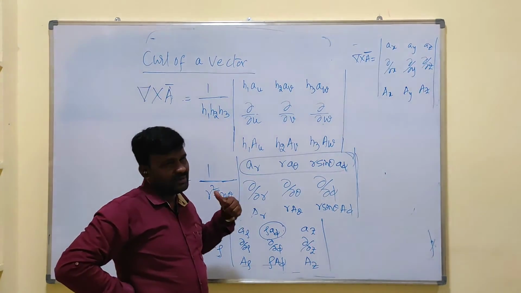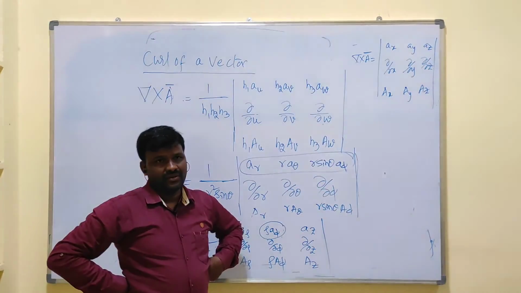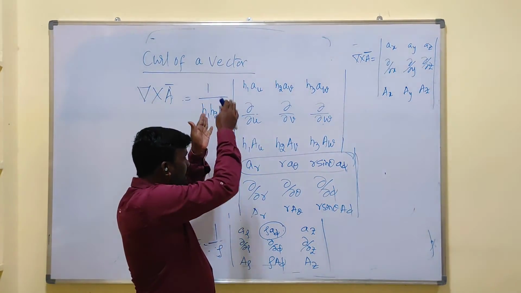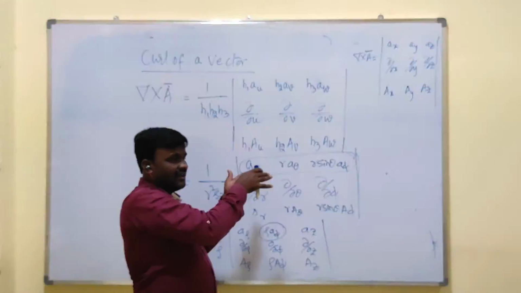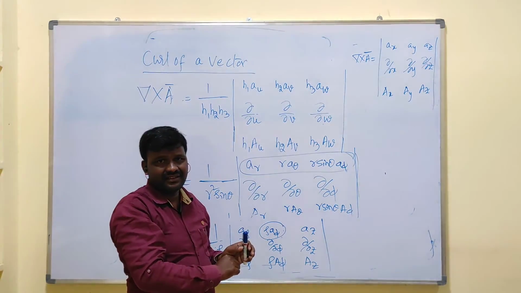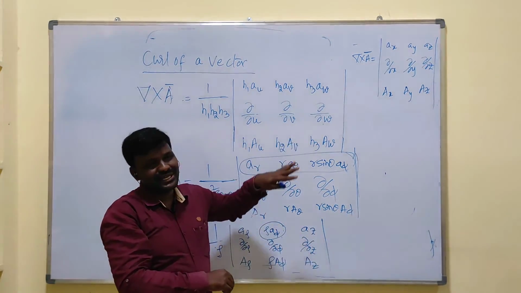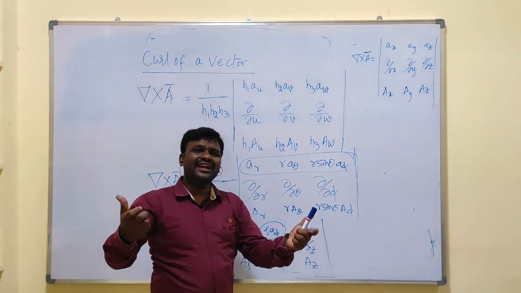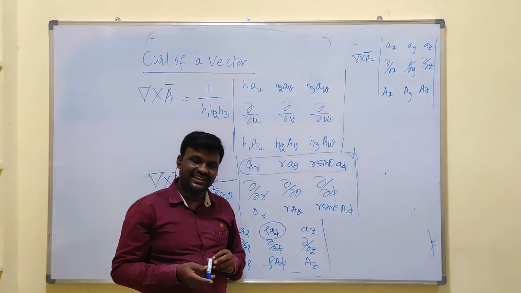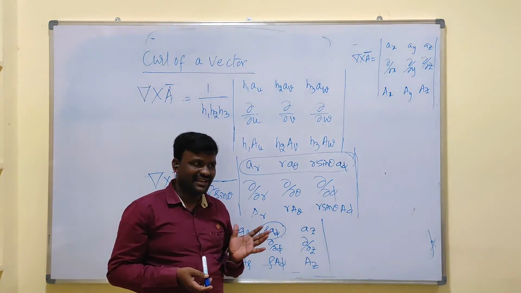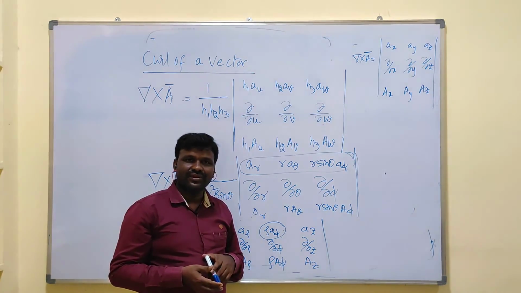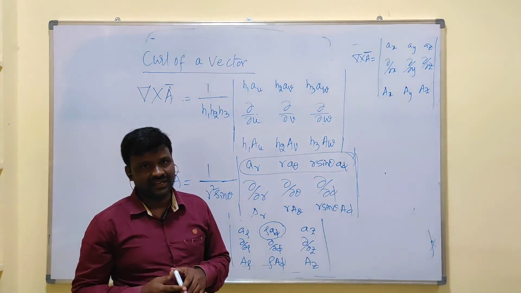That's why this topic is very, very important. Without this, we can't know how we got the divergence formula like this only, or why the gradient formula is like this only. If you know h1, h2, h3, we can derive the gradient, divergence, and curl formulas very easily. Of course, divergence and gradient are very helpful in the analysis of electromagnetic fields.